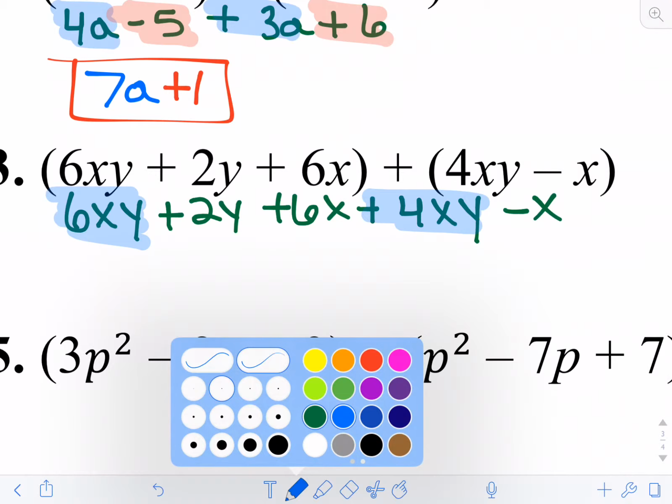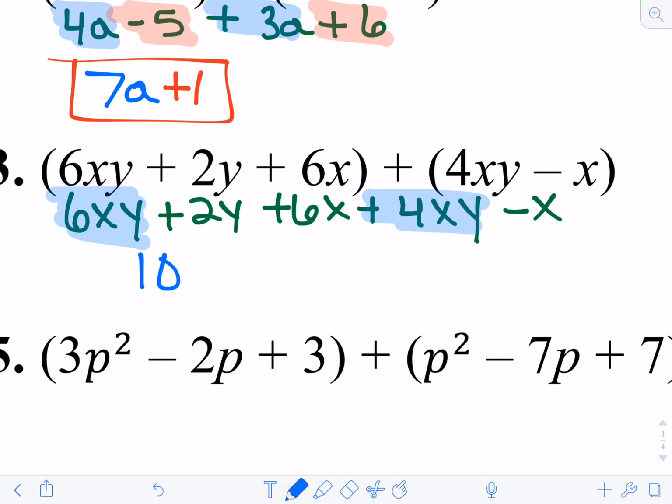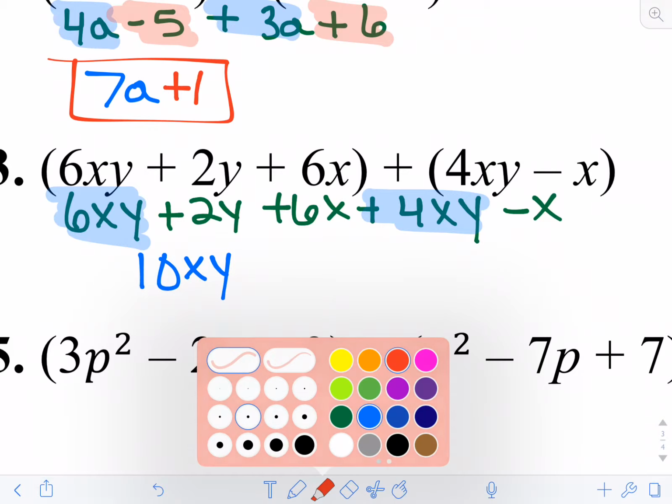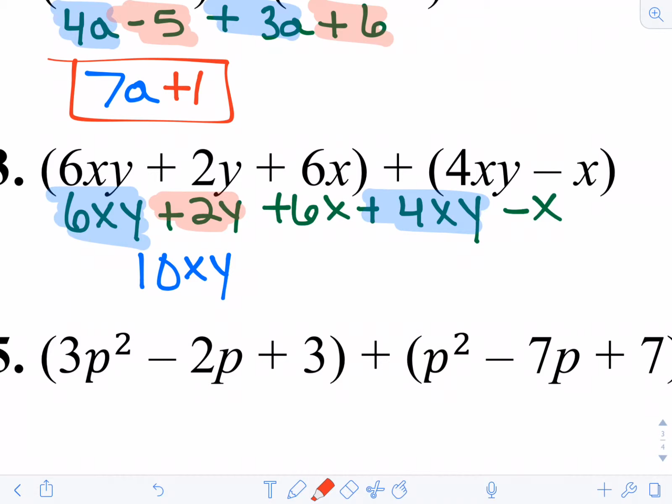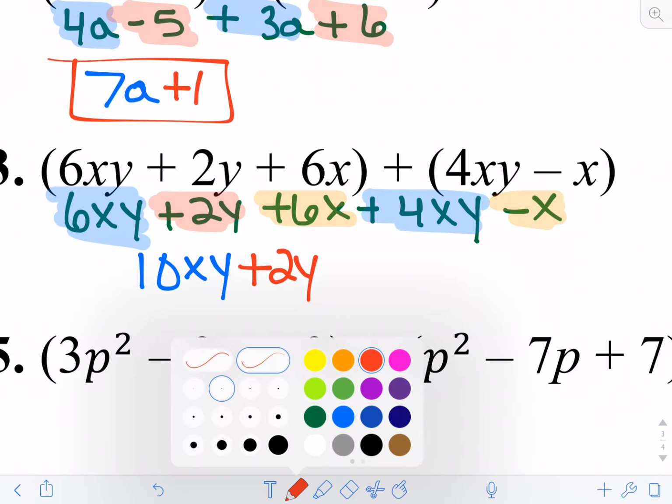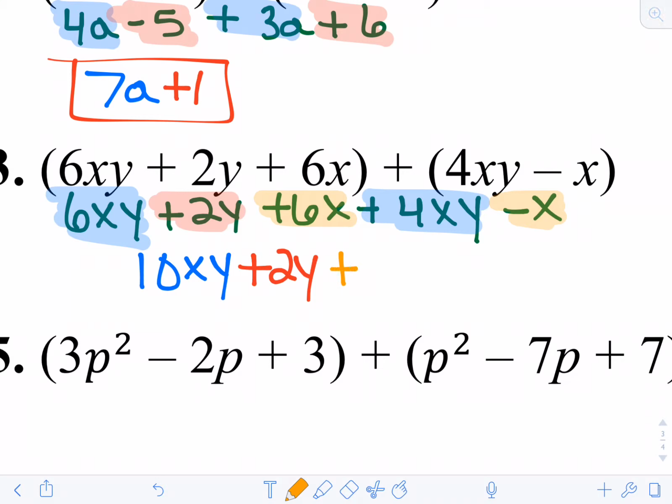So total 6 and 4 gives me 10xy's. Okay, then I see that I have a 2y. I don't see any other y's, so I'm going to write plus 2y. And then I have 6x here and a minus x. So if I do 6 minus 1, that gives me 5, so I have plus 5x. Nothing else I can combine or simplify, so that's my final answer.